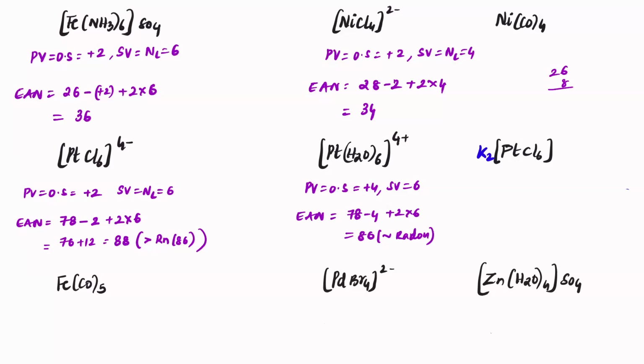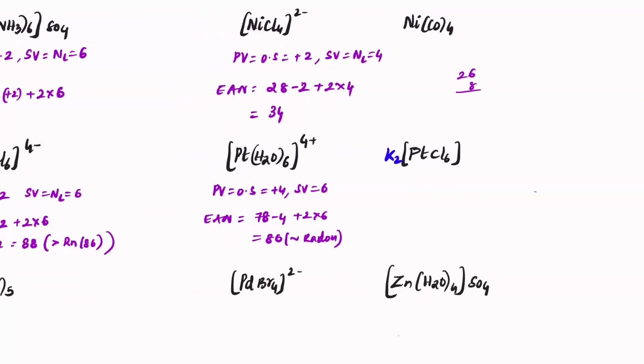Okay. Third one. If you split this, it will convert into 2K+ and PtCl6 2- overall. So primary valency in this case is +4. Secondary valency in this case is 6, which is the number of ligands. So if you put in the formula, EAN is equal to 78 minus 4 plus 2 times 6.